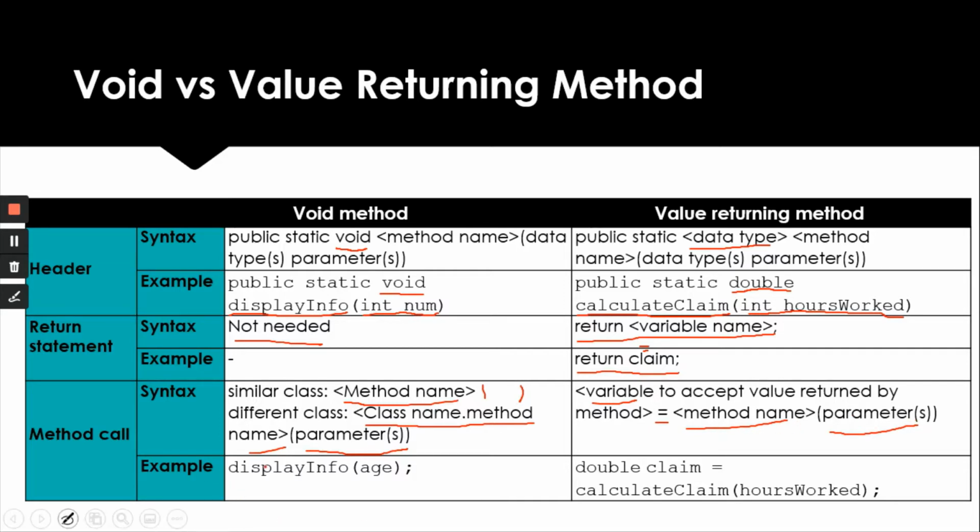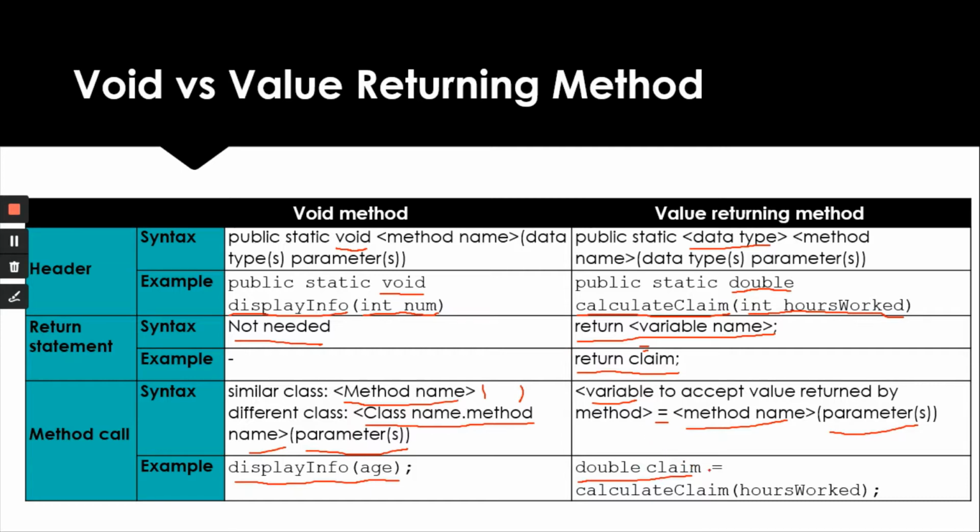In the example given here, when you want to call a void method, you just write display info, which is the method name, and you send age. Age is just one parameter that we have. And if you see the example for a value returning method, we have a variable in front, double claim. This variable should be declared, that's why you put the double. Either you put it here or you put it in a declaration earlier, it doesn't matter.